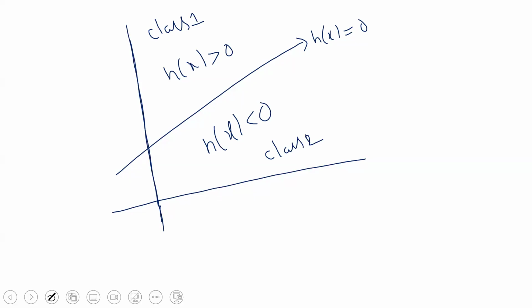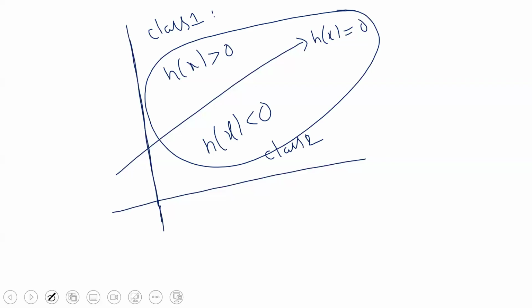Now, to keep all these equations generalized, I am introducing a new variable called yi. Yi for class 1 is +1 and yi for class 2 is -1. So +1 denotes class 1 and -1 denotes class 2. If I want to combine everything, I can write it as yi into h of x is always greater than or equal to 0.